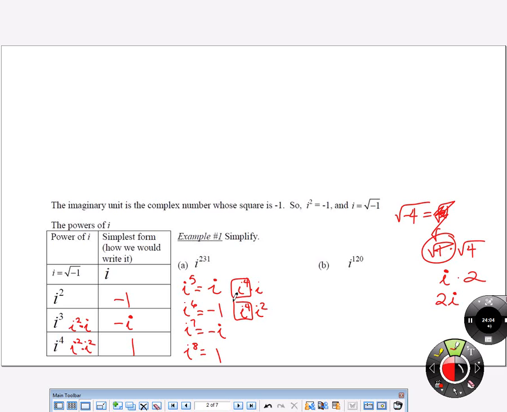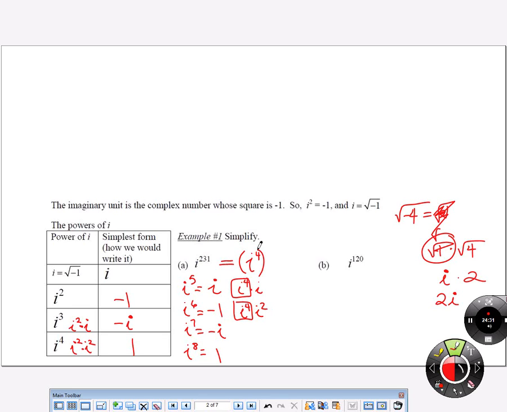So applying that strategy here, i to the power of 231, how many i to the 4ths could I list there? How would I figure that out? What arithmetic am I going to do to figure out how many times i to the 4th would be used in i to the 231st power?